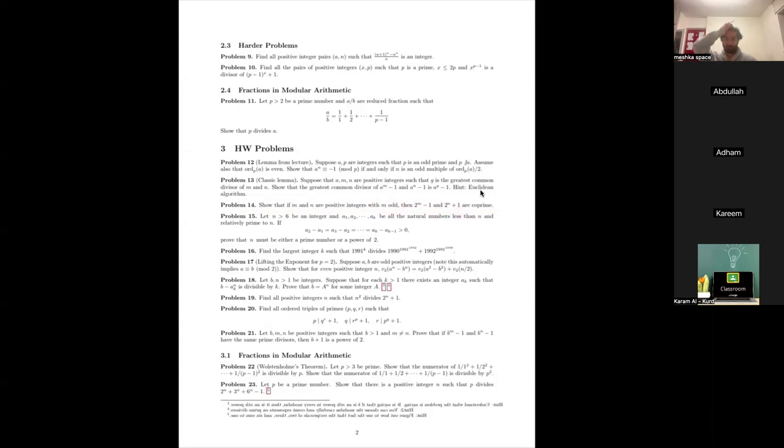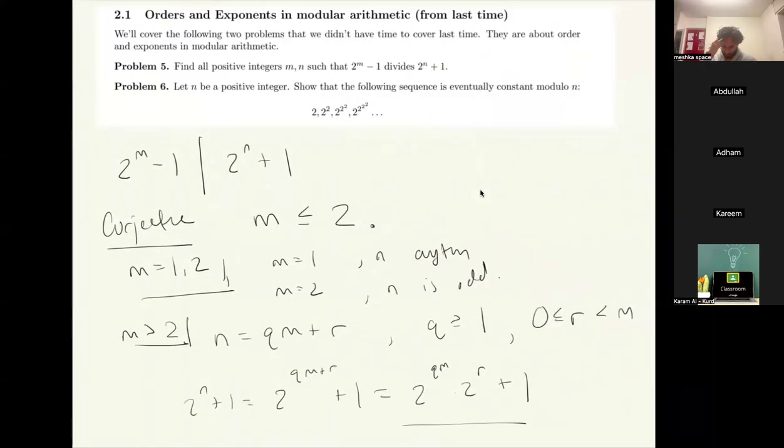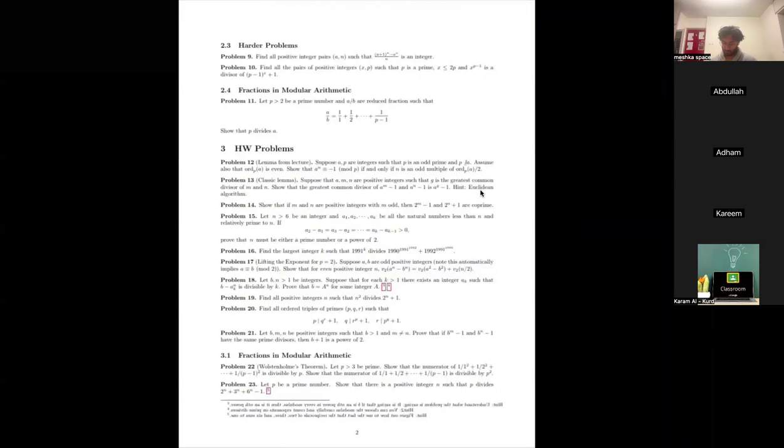So it's actually a little bit stronger, right? Because here you just want to show that you cannot have one dividing the other, but here you actually want to show that they're co-prime. Yeah, so let's think about this one. So maybe I can copy the problem.